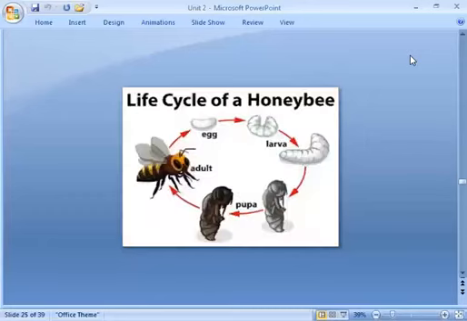So, students, here is a life cycle of honeybee. Life cycle of honeybee starts from egg, to larva, to pupa, to adult. Repeat with me. Life cycle of honeybee starts from egg, larva, pupa, adult.